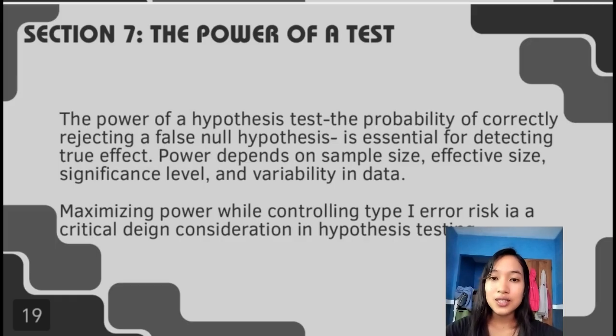Power depends on how big your sample is, how strong the effect is, and the significance level, or how strict your test is. When planning a test, it's important to increase power while keeping the chance of a type 1 error, or a false positive, low.